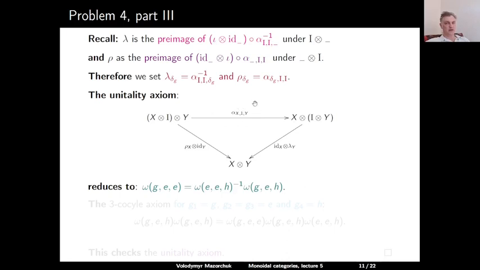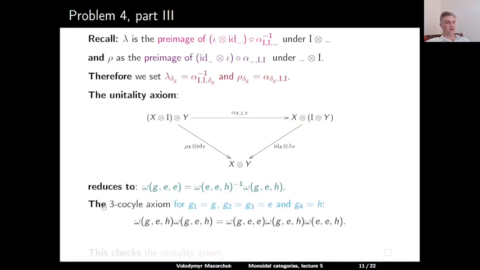The arrow with the associator for x, identity, y gives us the factor omega evaluated at G, E, H. And then the left uniter factor here gives us, from our definition, omega evaluated at E, H. H is the degree of y and G is the degree of x here. So our unitality axiom reduces to this equation.